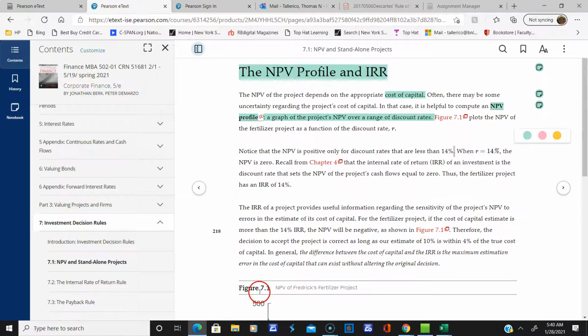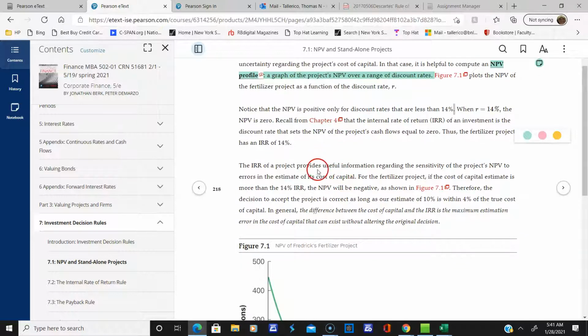As we just said, it's positive only for rates that are less than 14%. So the internal rate of return basically gives you good information regarding the sensitivity of the project's net present value to errors in the estimate of its cost of capital.